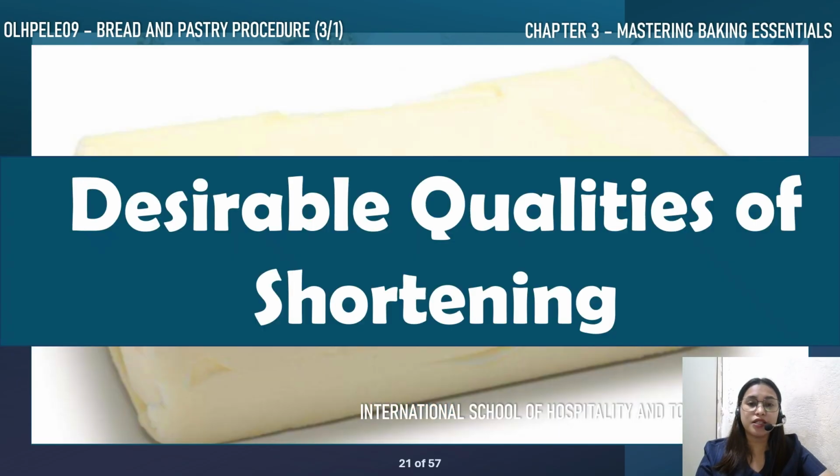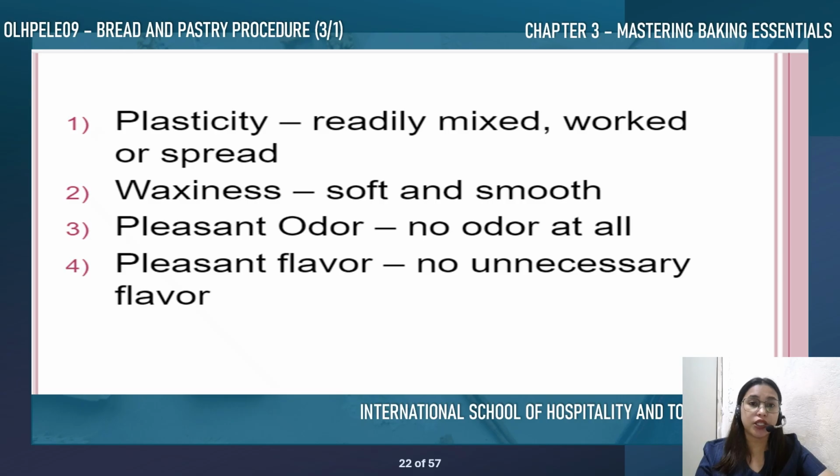So, what are the desirable qualities of shortening? Good shortening should have plasticity, which means soft and pliable for even mixing. Waxiness means smooth, not gritty. It should have a pleasant or neutral odor, not rancid, and the flavor should be mild, allowing other ingredients to shine.